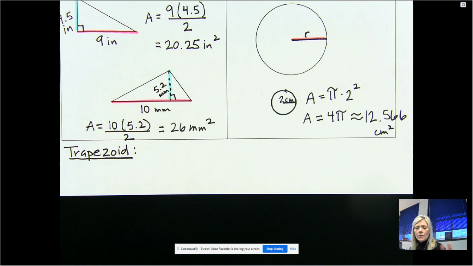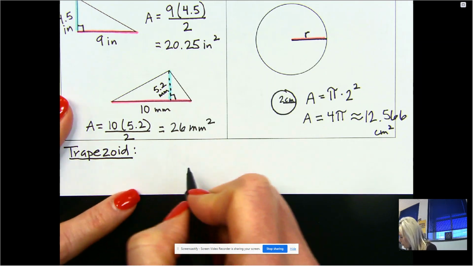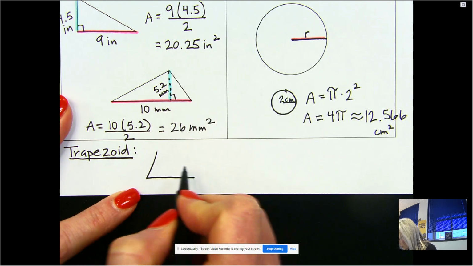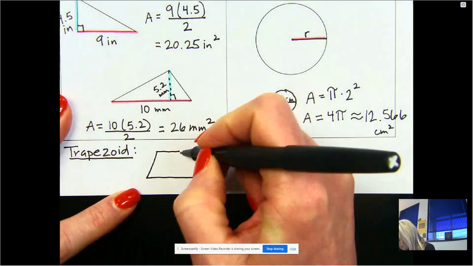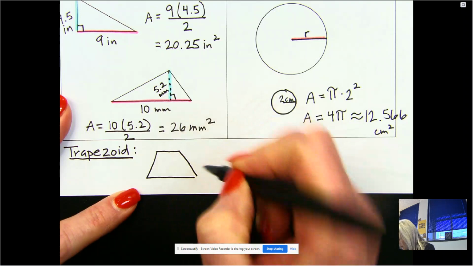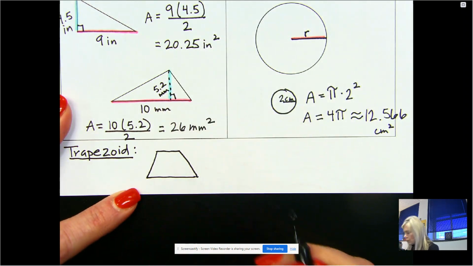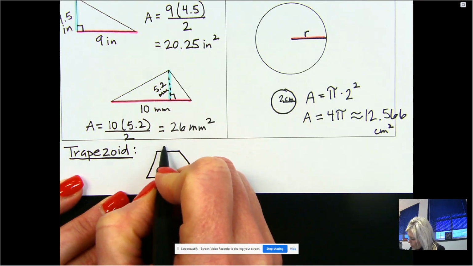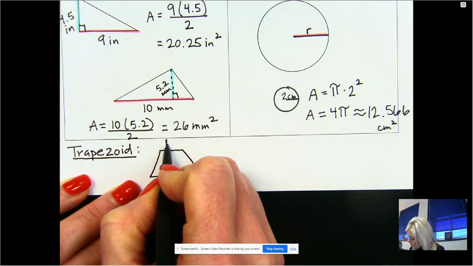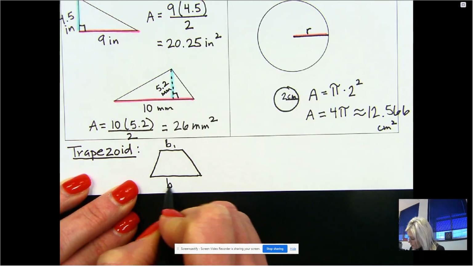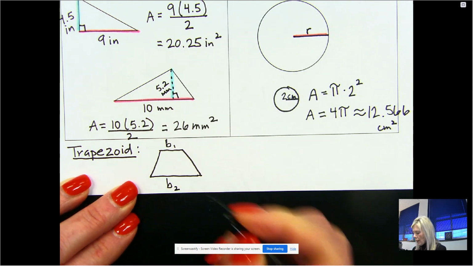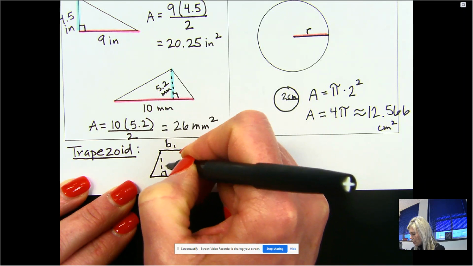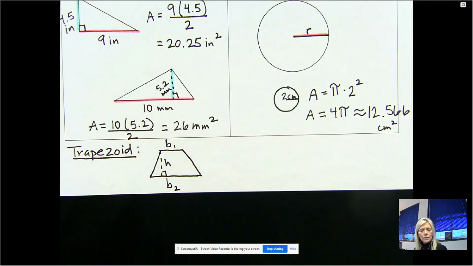A trapezoid will look like this, where you have two parallel sides and two non-parallel sides. So something like that, okay? In a trapezoid, we call this base 1 and base 2. And then the height is, again, the perpendicular distance.